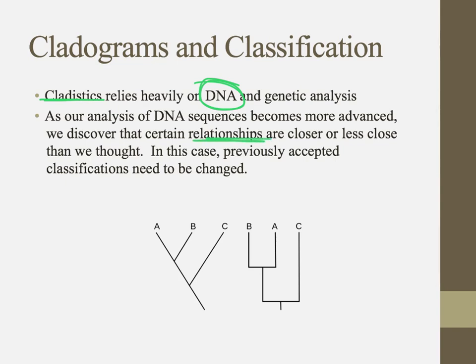In some cases, we thought we knew how things were related, but we have a ton of new evidence to suggest that there are different relationships that can be supported with DNA evidence. So we're really in the process of changing how a lot of organisms are classified.